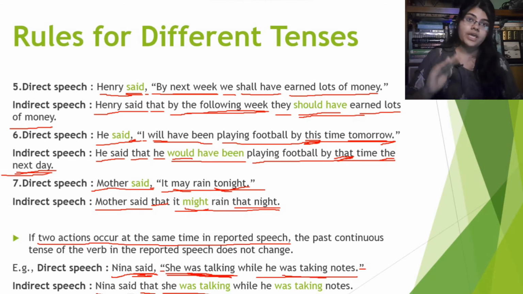It will be exactly how it is. See, she was talking while he was taking notes. The verb in the reported speech did not change at all, because in the reported speech these two actions are happening at the same time. Alright, now the next rule.